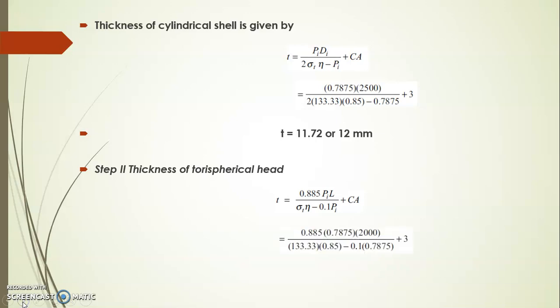Therefore substituting the values, 0.885 into 0.7875 into 2000 divided by 133.33 into 0.85 minus 0.1 into 0.7875 plus 3. Therefore we are getting thickness of torispherical head as small t is equal to 15.3 or which is nearly equal to 16 mm. Therefore this is the end of the second problem. We will stop here. Thank you very much.